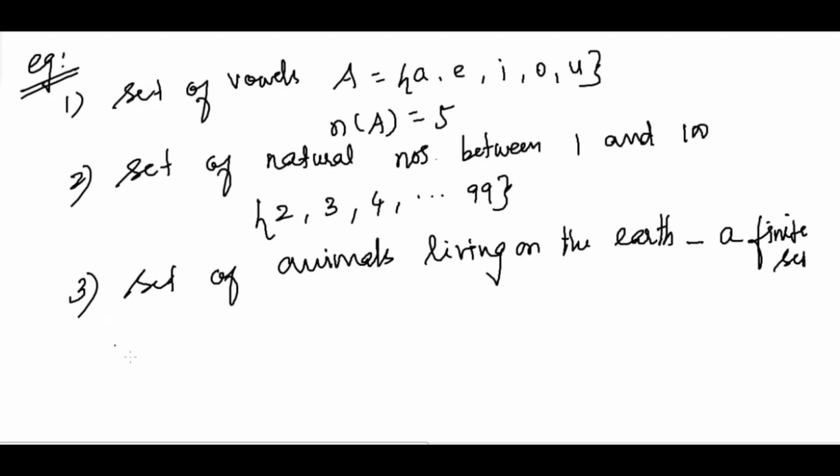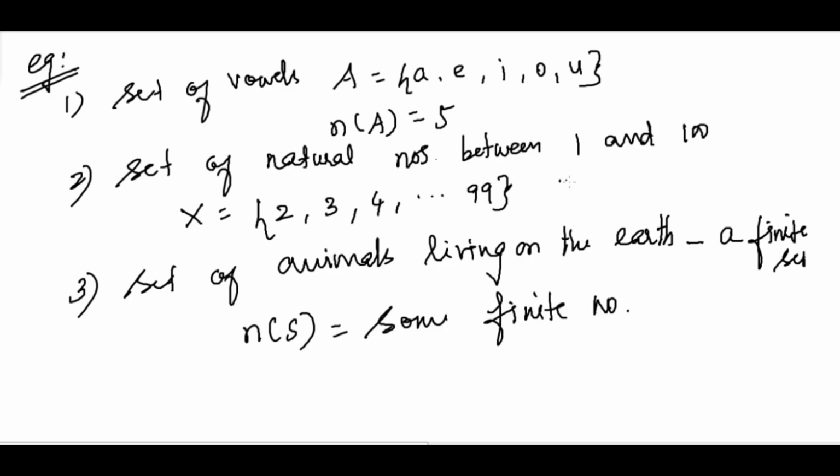Because if you consider the set as S, n of S is equal to some finite number. In the second case we can name this as X, so n of X is equal to 98. So these are all examples of finite sets.